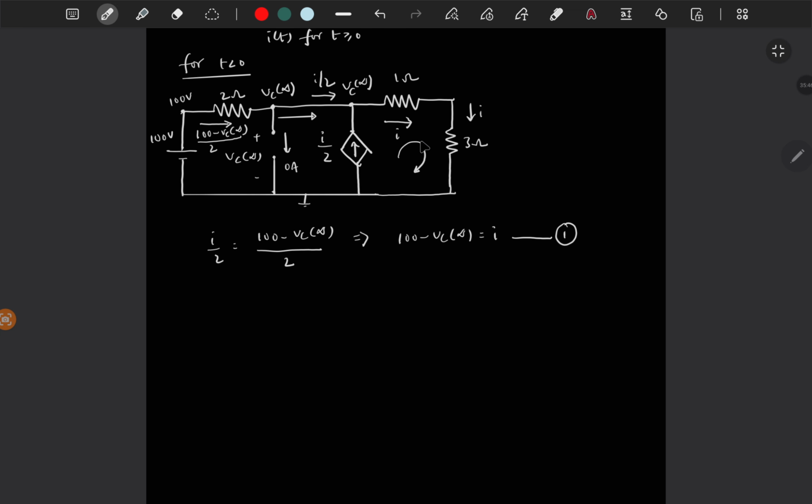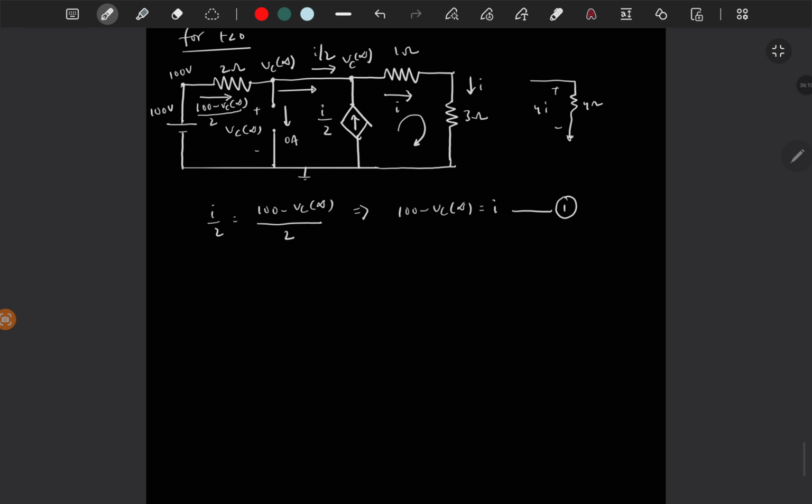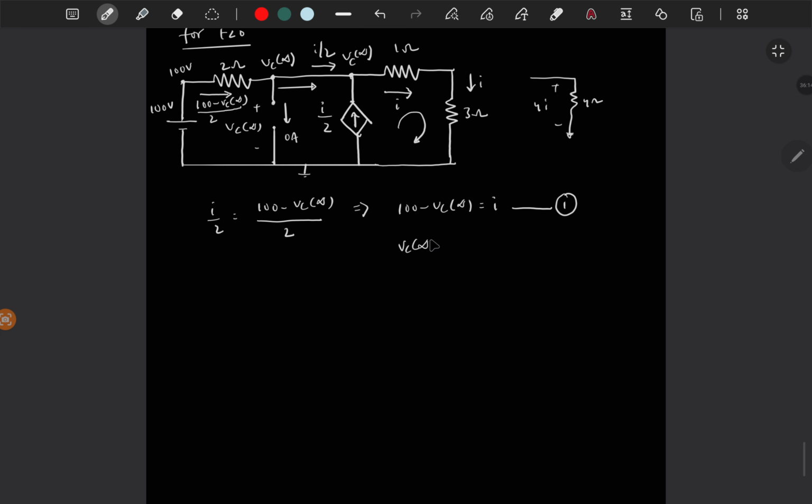Since this current is I, the series resistor is 4 ohm. So the drop across this resistor is 4 ohm times the current I. It is just a resistor of 4 ohms with respect to this node, so I will get the drop as 4 times I. This 4 times I is nothing but Vc of infinity. So Vc of infinity is 4I.